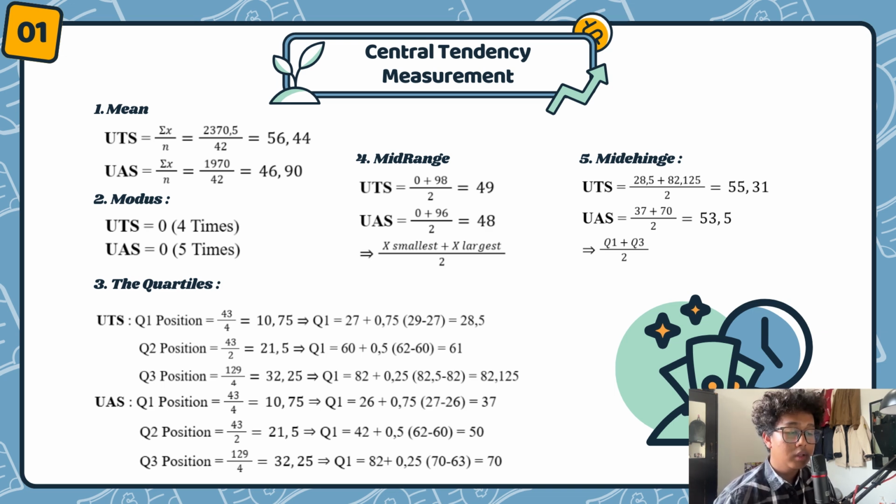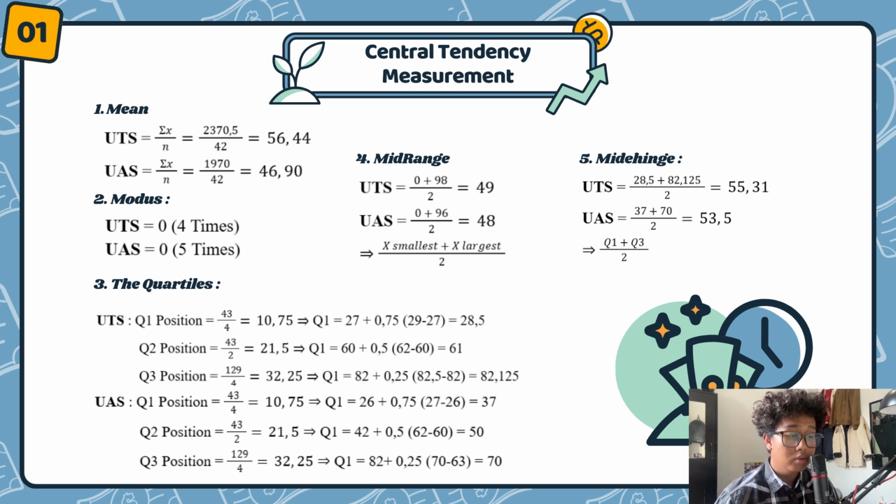But for Q1, we have to first determine the position. So here, for the midterm test, I have actually determined the position for each Q1, Q2, and Q3. Using the formula for searching the quartiles, the position of the Q, for example, if you're trying to calculate Q1, then you use 1 times n, which is the number of data that is available, plus 1, divided by 4.